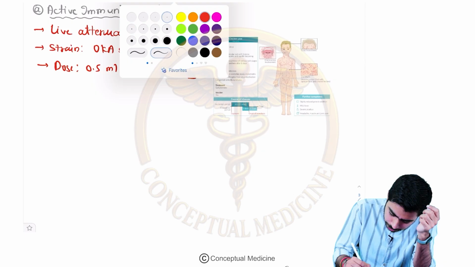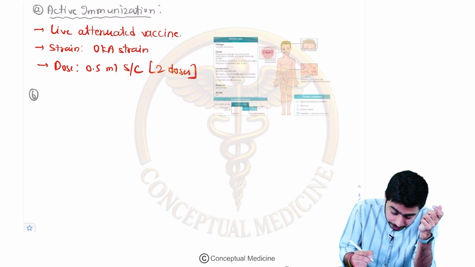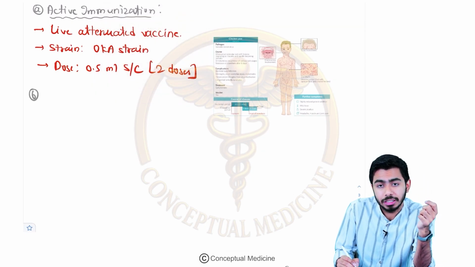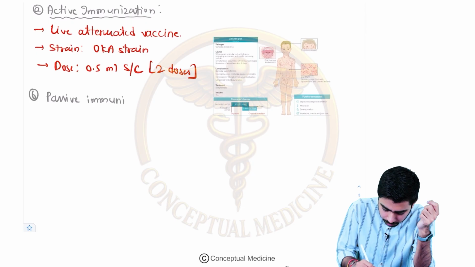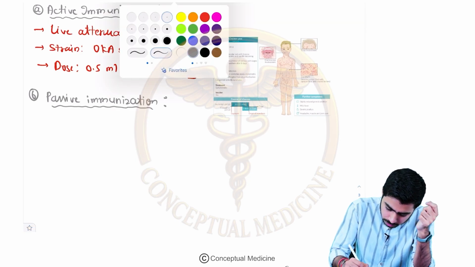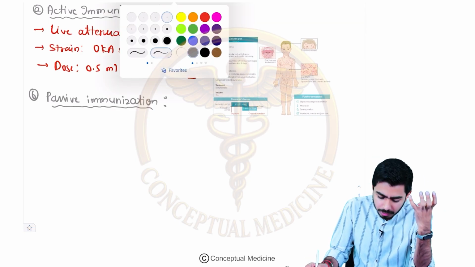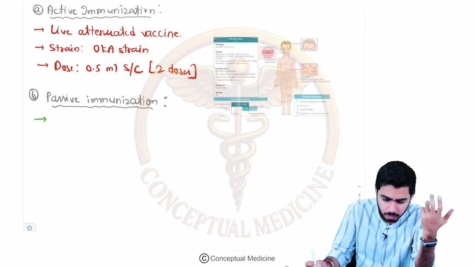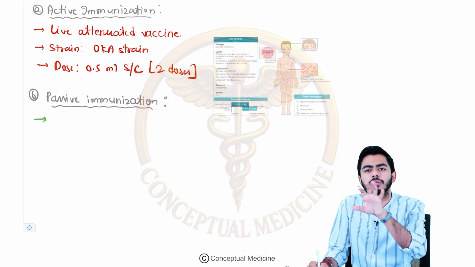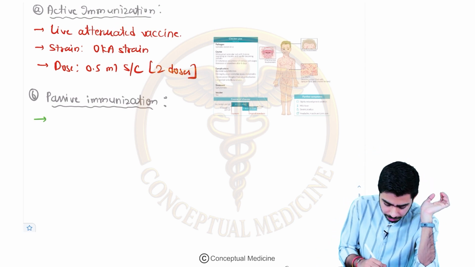Now, the second kind of immunization is passive immunization. In passive immunization, we again talk about the immunoglobulin, not the vaccine. This is varicella zoster immunoglobulin, or I shall write it as varicella zoster IG.